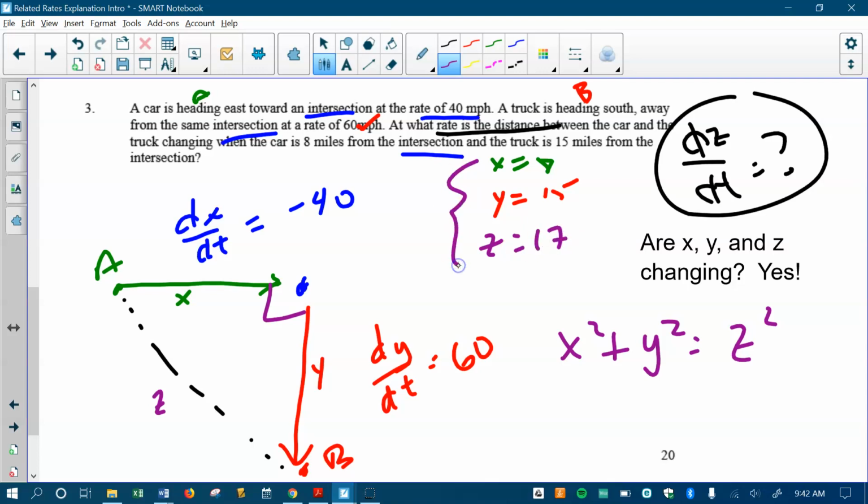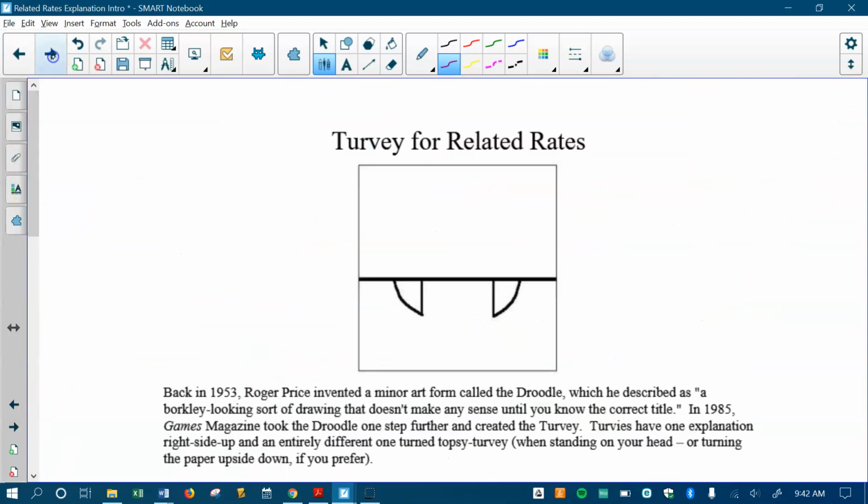This is a Pythagorean triple. If you weren't sure, you could have used the Pythagorean theorem to get that value. And again, those values are not being used until you take the derivative of your related equation with respect to time. Okay, I'm on 21 minutes, so let me pick up the pace here. That's it. Good luck.